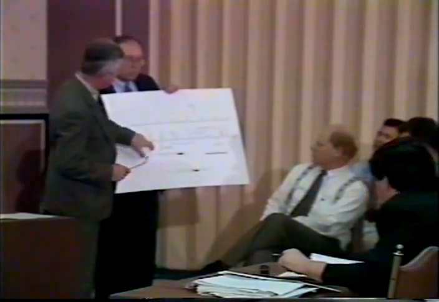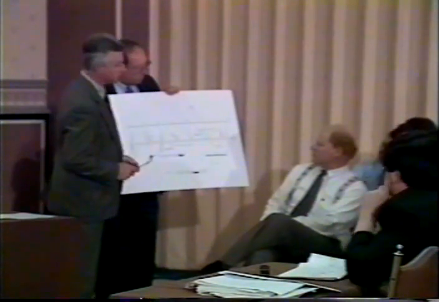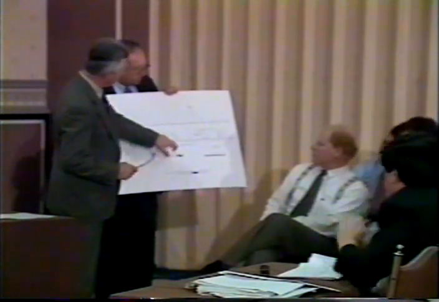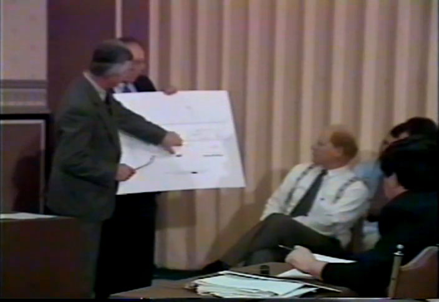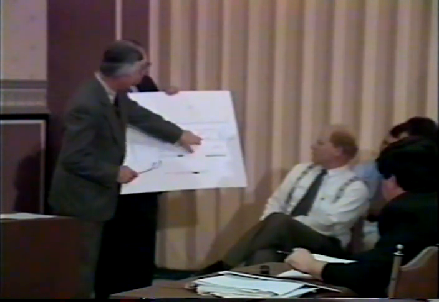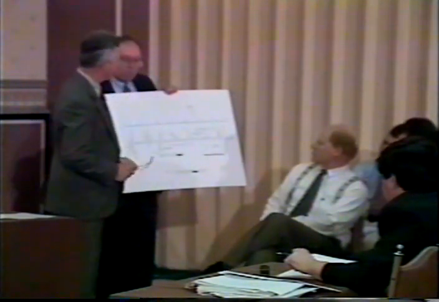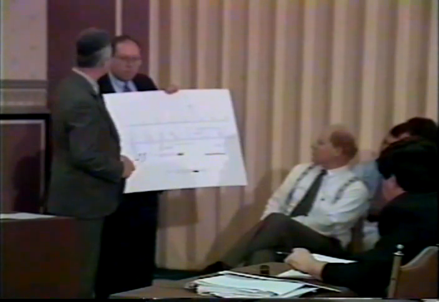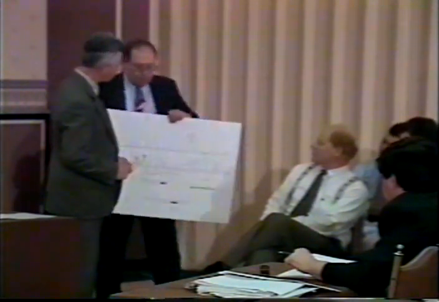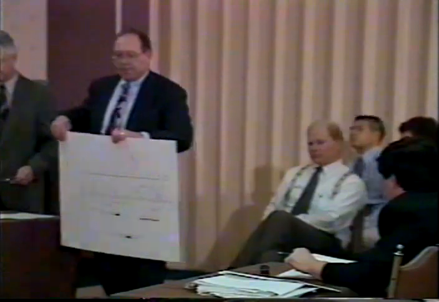From the crest of the hill to this area is approximately 800 feet. And then from this location, Market Street, the intersection, to the utility pole in the final resting position is another 800 feet approximately. Thank you. You may take your seat, doctor.